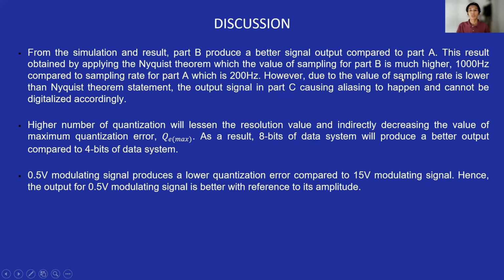However, for part C, the sampling rate was lower than the Nyquist theorem requires. We only used 50 hertz, which is equivalent to a sampling rate of 100 hertz, and it causes aliasing and the signal cannot be digitalized accordingly.